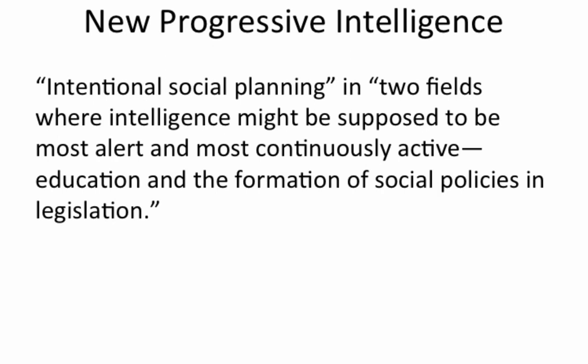What does this new science allow the progressives to do? Here, Dewey could not be clearer. Intentional social planning. This will be especially true of the two fields where intelligence might be supposed to be most alert and most continuously active: education and the formation of social policies in legislation, end quote.